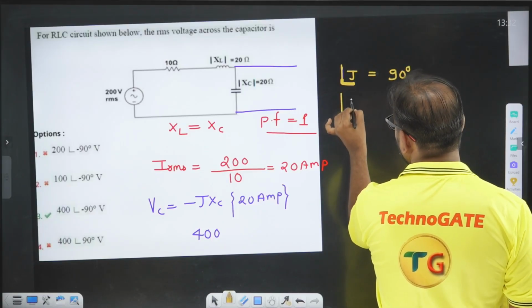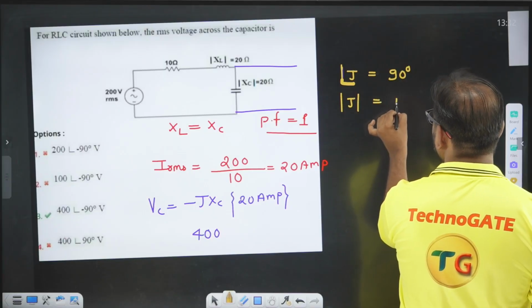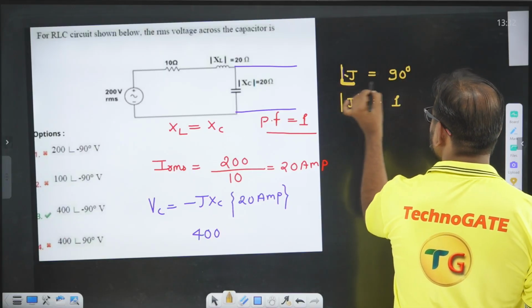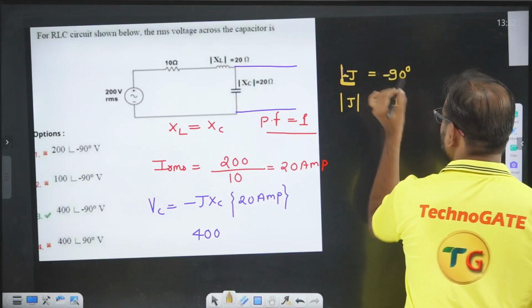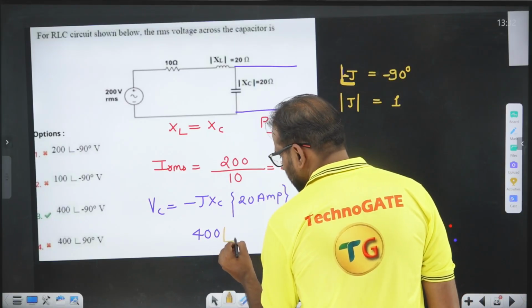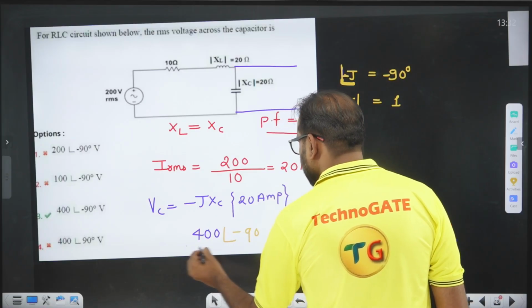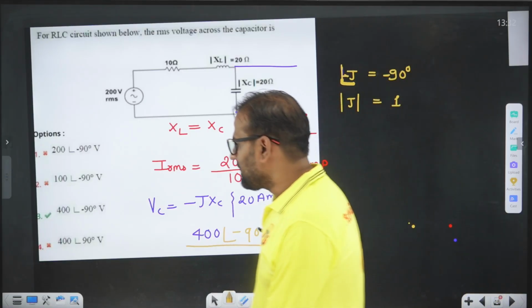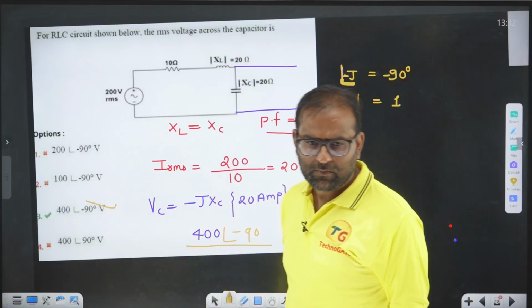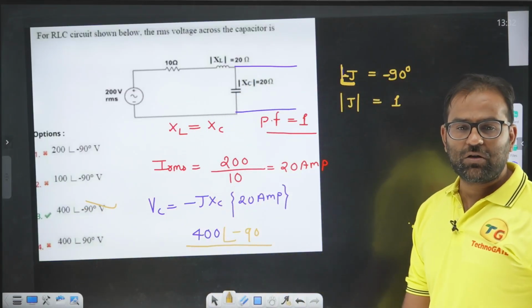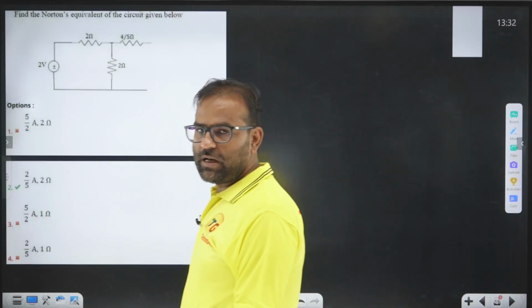And what is the magnitude of j? Magnitude of j is 1. So if you are writing minus here, the minus you can connect here. So what is the correct answer? 400 at an angle of minus 90 degree is the correct answer for the question. If you have taken voltage across the capacitor, this is 400 angle minus 90 degree.